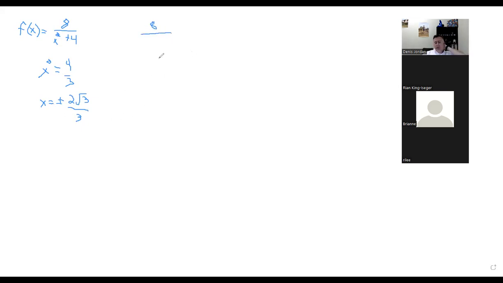Okay, so when you plug in that 2 root 3 over 3, if you look at the step where it came from, it was from x squared equals 4/3, and when you square root it, that's where you get that 2 root 3 over 3. So when you plug it back into the original, you can go off of that original x squared, that 4/3. What 4/3?